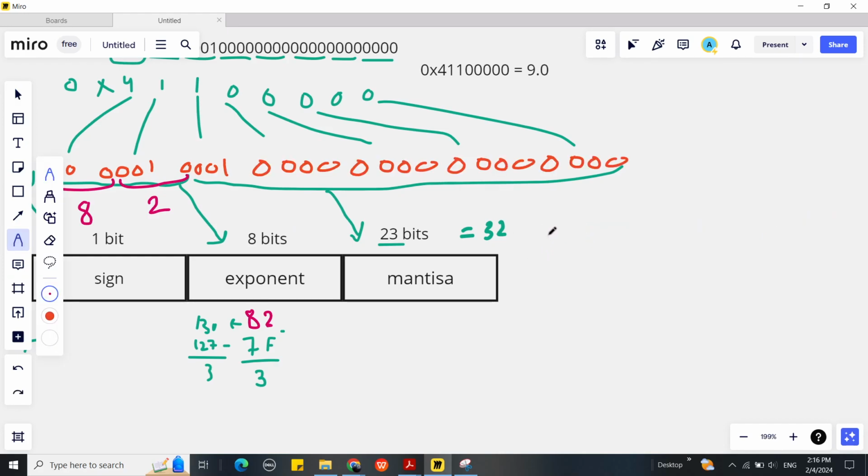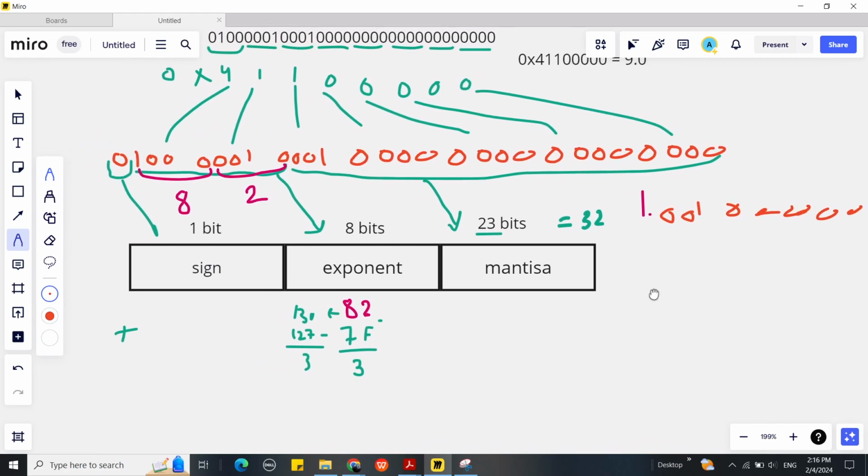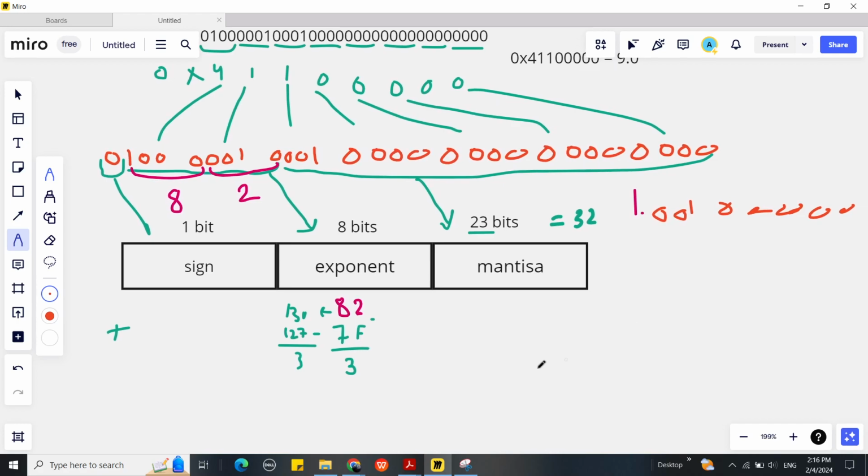Remember, when you break the mantissa, always add 1 point and then take the mantissa, which is 0 0 1, and then all of them are going to be zeros, which is zero extension. So I won't care about this. I'm just going to leave it as it is.